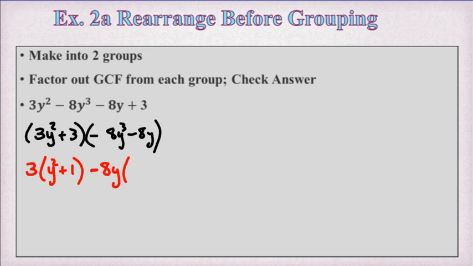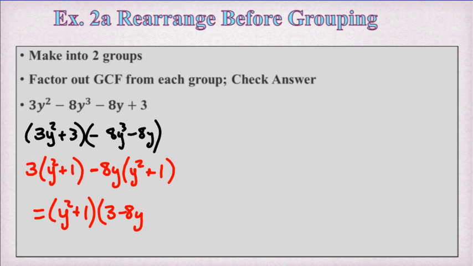So I'm taking out a negative 8y, so that would leave me with a y squared plus 1. So in my answer, I end up with a y squared plus 1 as one of my binomials, and 3 minus 8y in my other binomial.